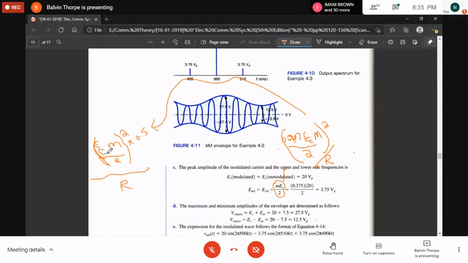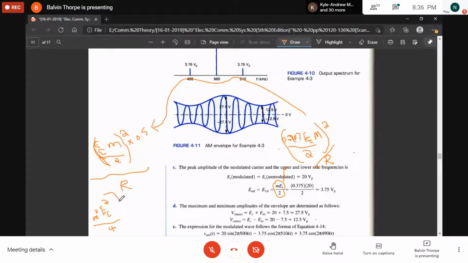Okay. Let's do the square now of this part. So if we square all what's happening here, we have EC squared, M squared divided by 4. And that's going to be divided by 4, yeah?